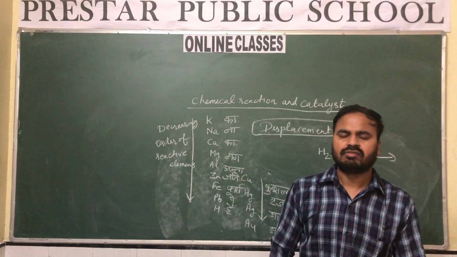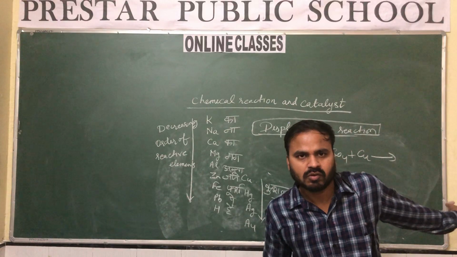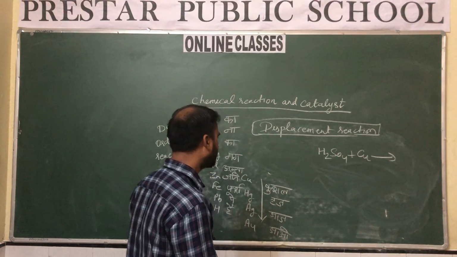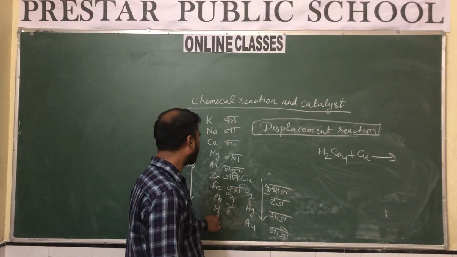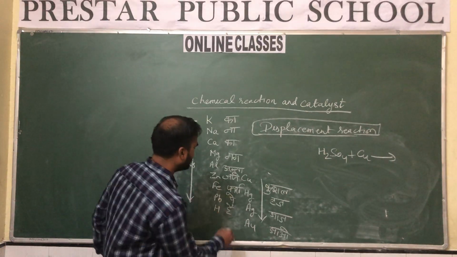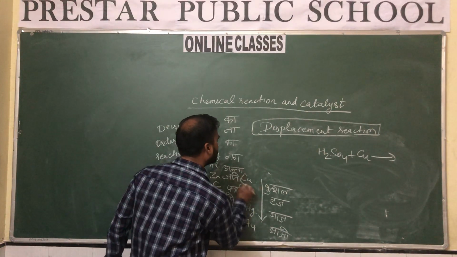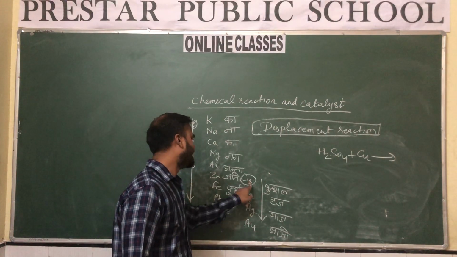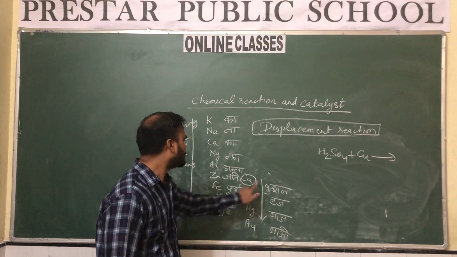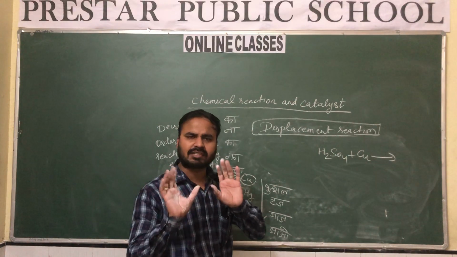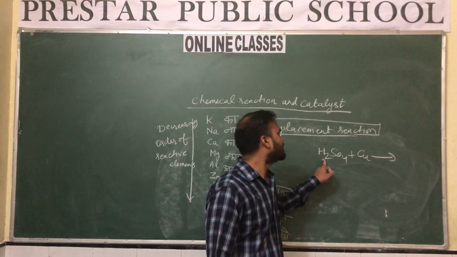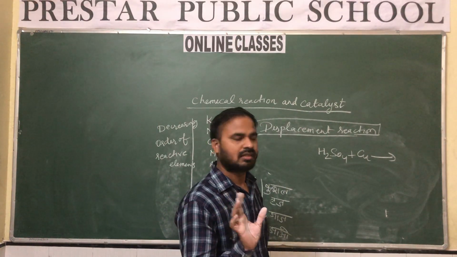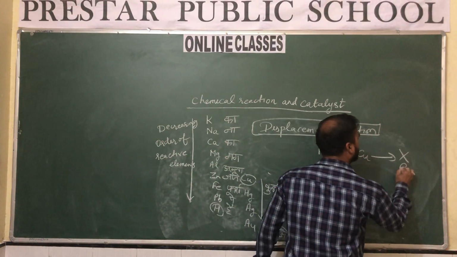For that we must learn that table, then we can know whether the reaction is possible or not. See, first hydrogen comes, and after that copper. Among these two, which one is more reactive? Hydrogen is more reactive, so it will not displace copper, and the reaction is not possible.